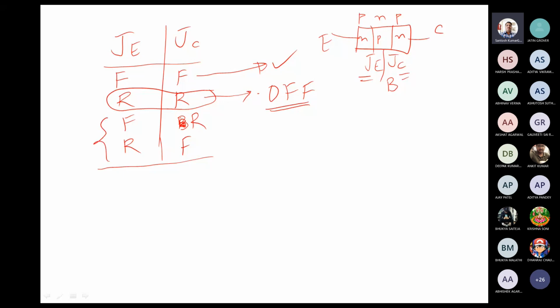Depending on which junction is forward biased and which is reverse biased, we have different scenarios. And what happens when both junctions are kept forward biased? We will see.